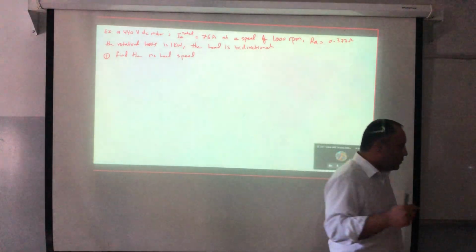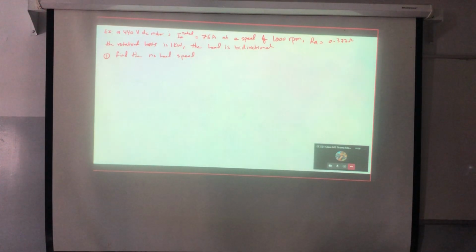Do you remember omega equal to what at this state? Omega will equal VT over K phi minus RA IA over K phi, and this can be written as VT over K phi minus RA TE over K phi square. Correct? Good.